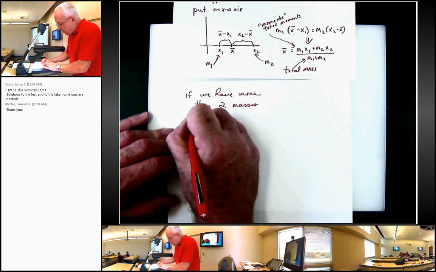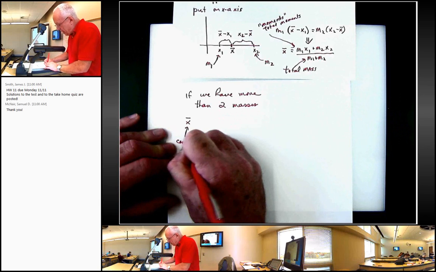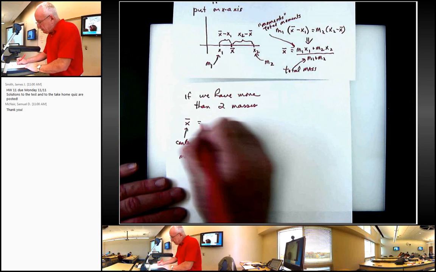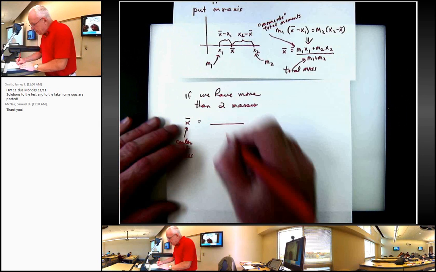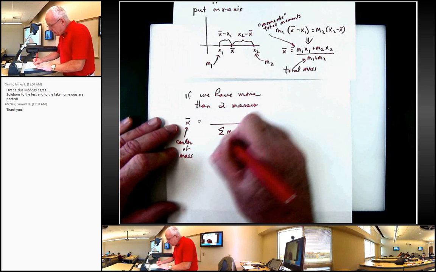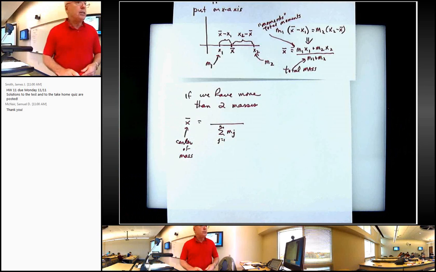Again, this is our center of mass, this x bar, and it's the same kind of formula. In the denominator, it's going to be the sum of all the masses. So say we have n of these, I'm just summing up all the masses in the bottom.